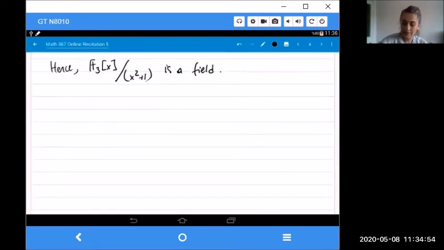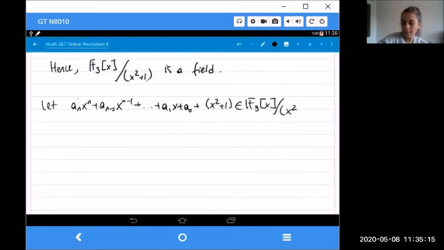Let a_n x to the n plus a_(n-1) x to the n minus 1, plus ... plus a1 x plus a0, plus the ideal generated by x squared plus 1, be an arbitrary element from this field. The coset representative here, this polynomial, let me call this one h of x.